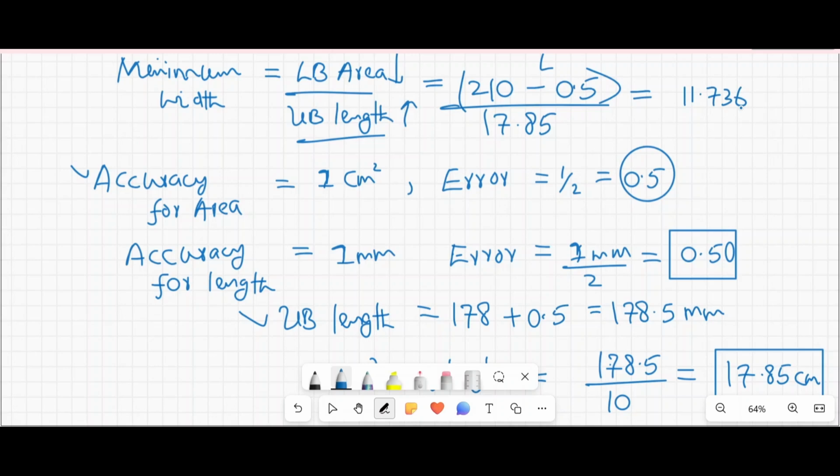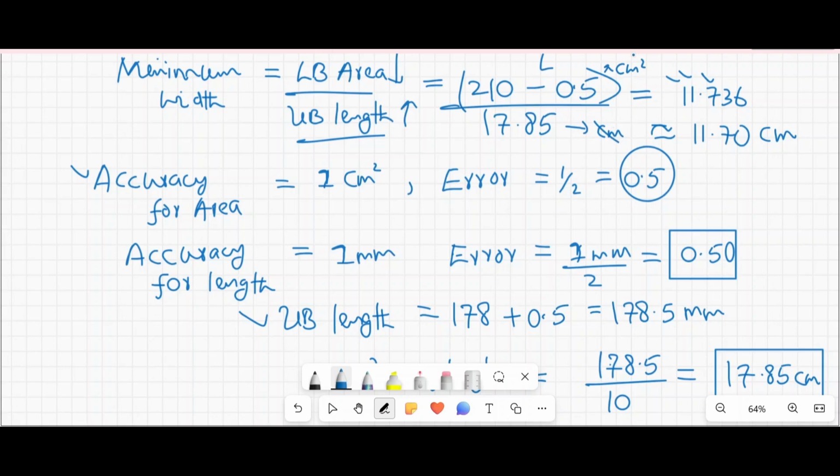So our answer should be three significant figures. So this is the first significant figure, this is second, this is third. So the answer should be 11.7 centimeter. Why? Because the unit for this is centimeter square and unit for this is centimeter.